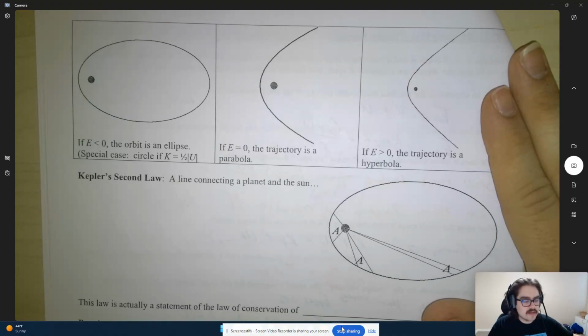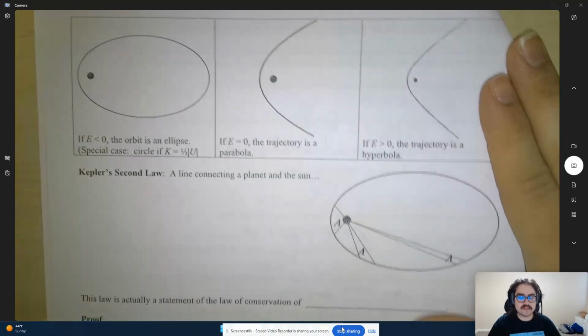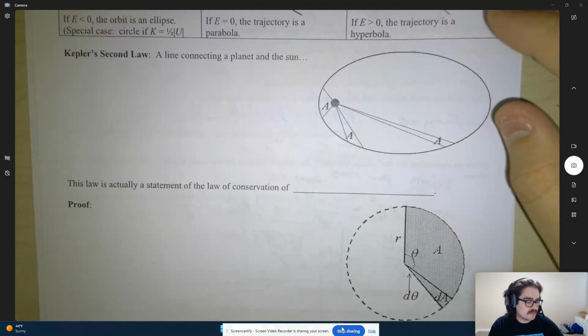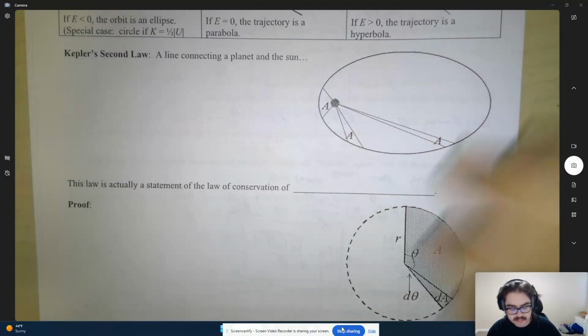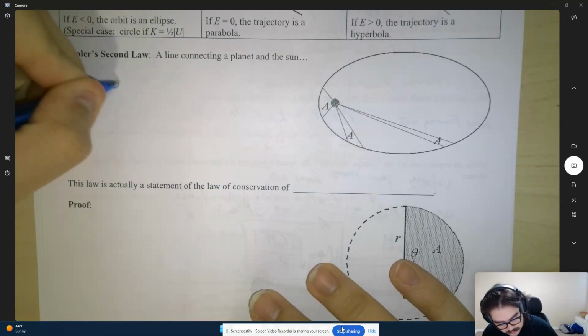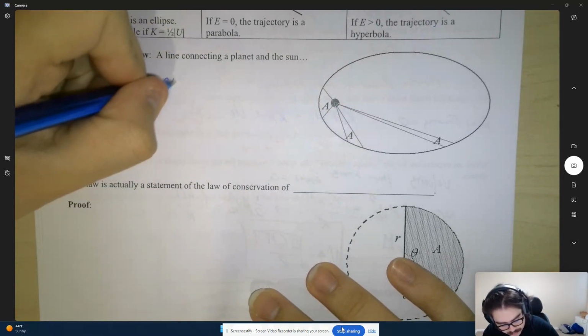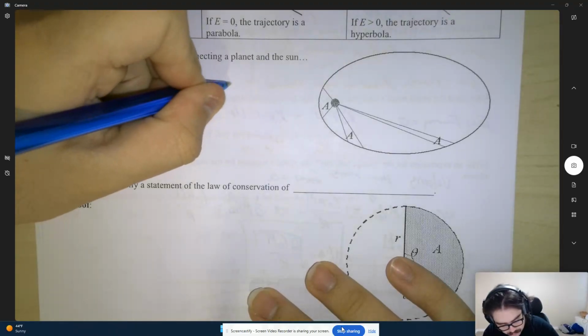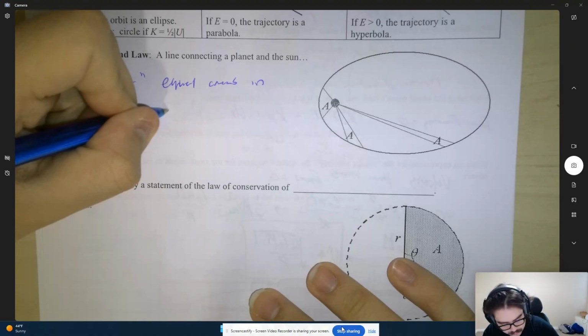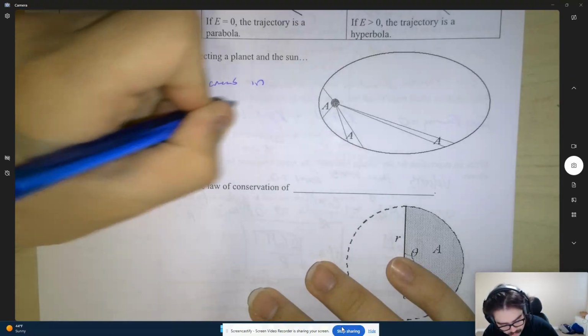Kepler's second law is my personal favorite one, I just like it, right? It says that a line connecting the planet and the sun sweeps out equal areas in equal amounts of time.